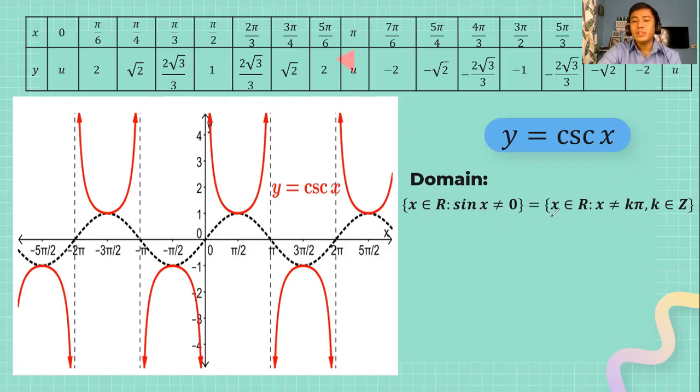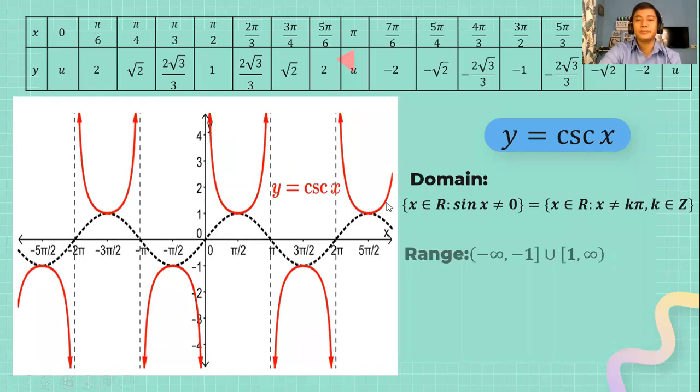So notice also that x should be all real numbers, only that x should not be equal to k pi. So every 180 degrees, this one, 180, 360, the graph is also asymptotic to that part. So they cannot be equal to that. And with k only integers, so we have 3 pi, 4 pi, 5 pi, and so on, no, will be restrictions for the real numbers of the domain x.